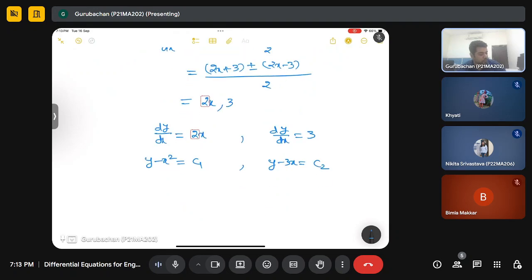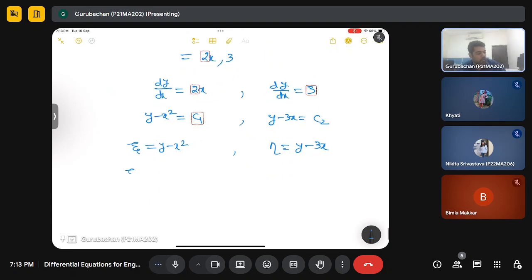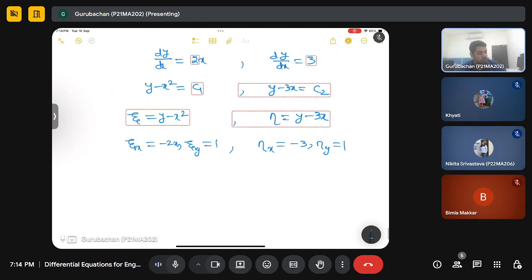So what transformation should we use? Xi as y minus x square and eta as y minus 3x. So here xi x will be minus 2x, xi y will be 1, eta x will be minus 3, and eta y will be 1. So what will be its Jacobian?